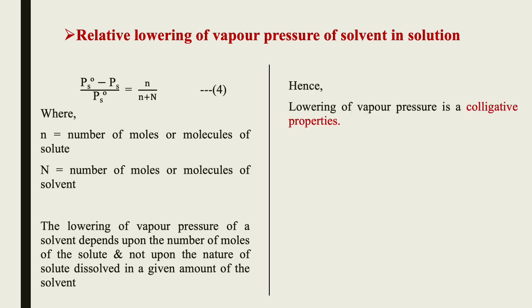Hence lowering of vapor pressure is a colligative property. Since it depends 100% on the number of moles of the solute, we can consider lowering of vapor pressure a colligative property.